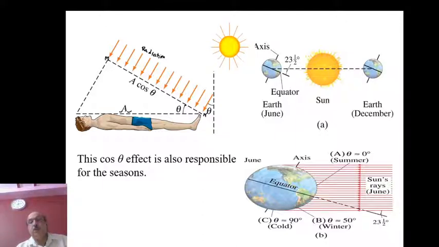So cos 90 is 0. So there is no radiation here. So it is cold. Whereas when the angle is more than 23.5 to 50 degrees, the normal component of area is lesser, so there is a winter.